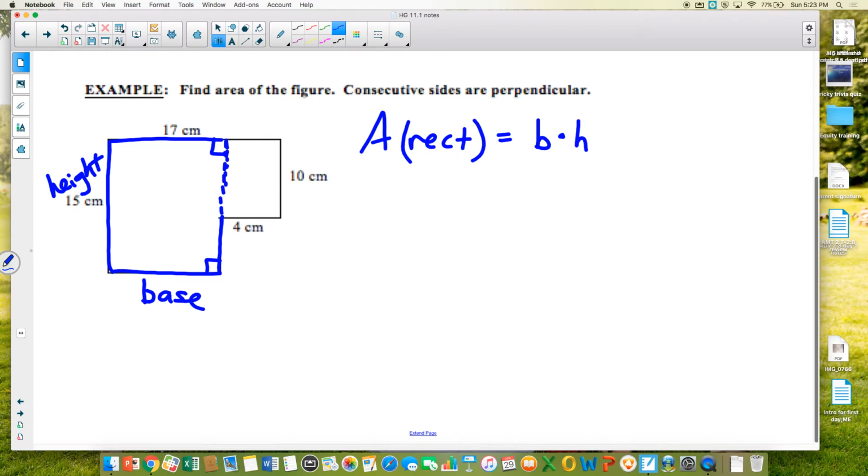Because there's no number down here for the base. You should find out the base equals 13 because 13 plus 4 adds up to 17. So to find the area of the blue rectangle, it's going to be base, which is 13, times the height, which is 15. That's the blue one.